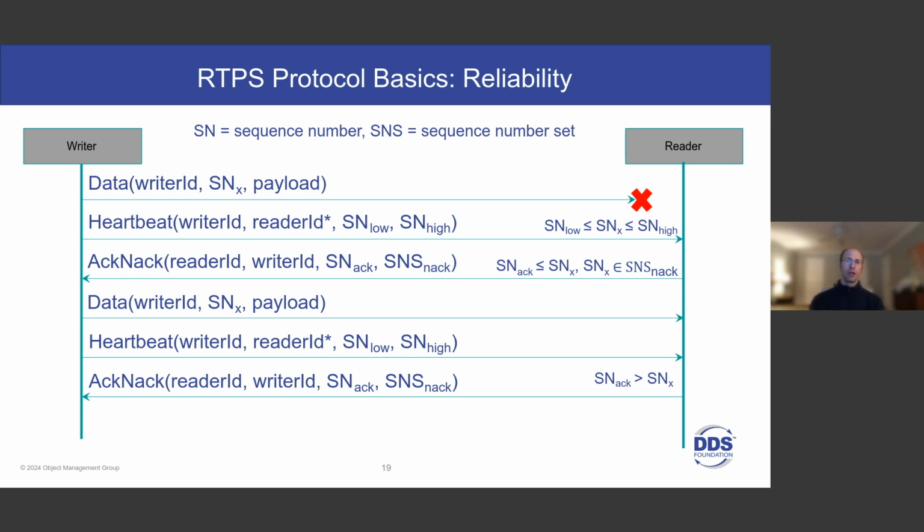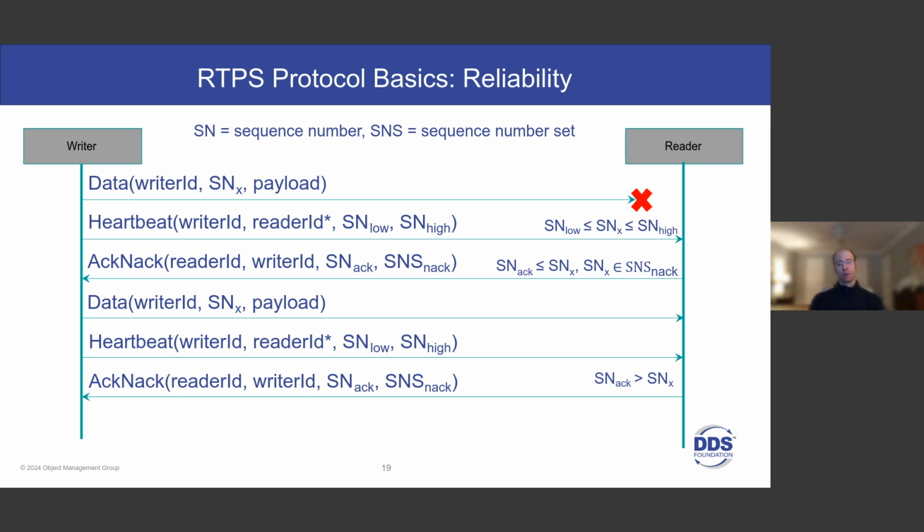Let's start by assuming that the writer, which has a certain writer ID, writes some payload with sequence number X. But the network drops this for whatever reason, so the reader never got it. The writer, knowing that this is a reliable reader, has an obligation to communicate with that reader and make sure that it got the data.